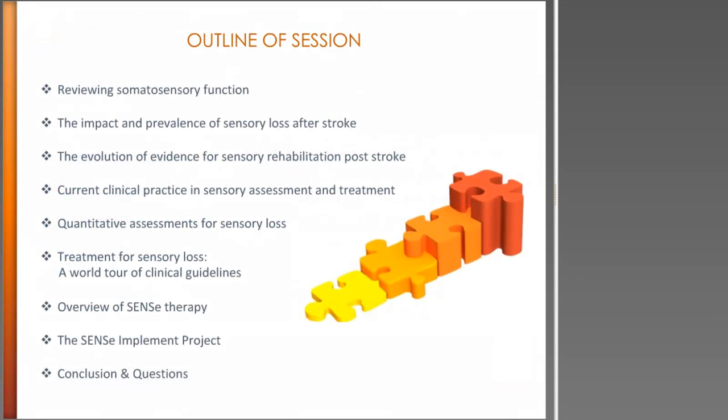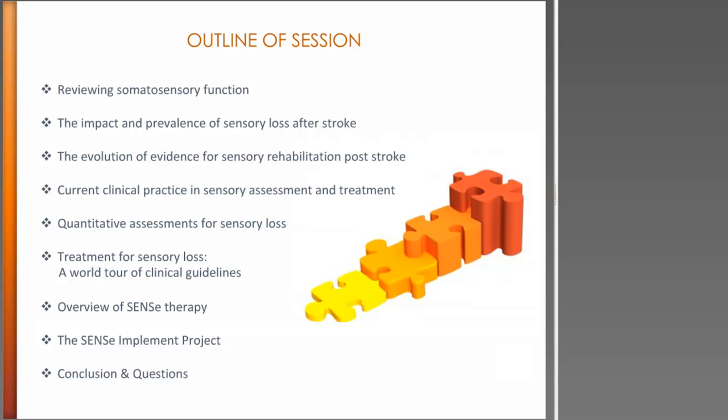What I'm hoping that we'll cover today is really to review somatosensory function, so to have a look at what's considered under the banner of somatosensation, to address the impact of sensory loss and the prevalence of sensory loss after stroke in our clients, to consider the evolution of the evidence for sensory rehabilitation after stroke.